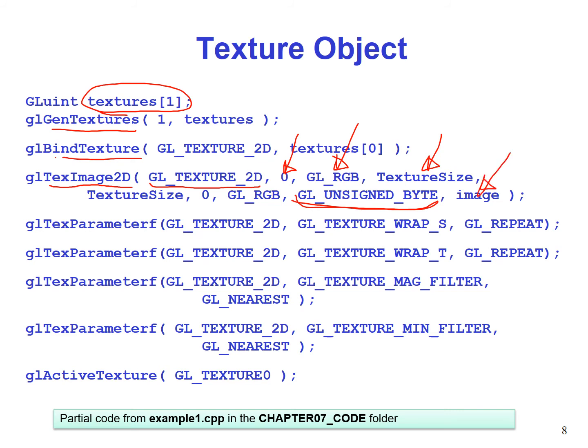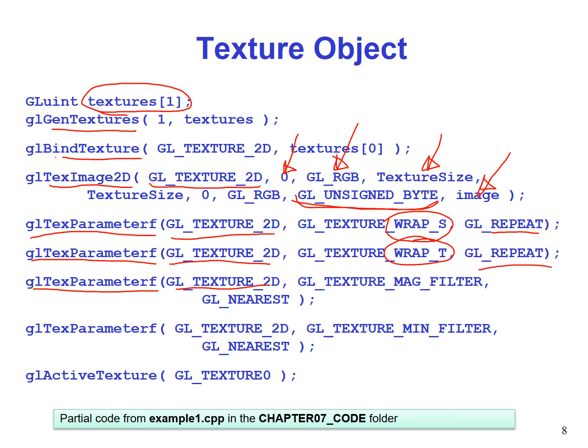And then we set all the parameters that we want to set using the same function, but each time we specify a different parameter, starting with GL_TEXTURE_2D because all the time it is a 2D texture. We specify first, for example, the S wrapping parameter to repeat, then the T dimension of the texture to repeat as well, and the magnification filter to nearest.